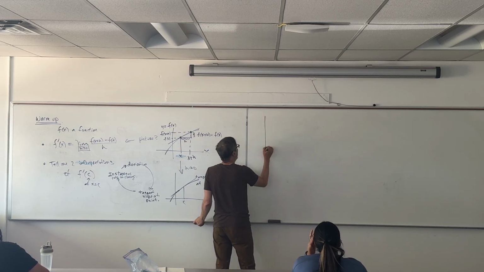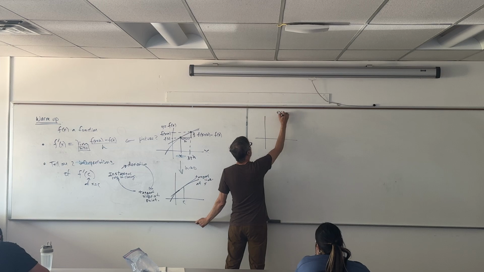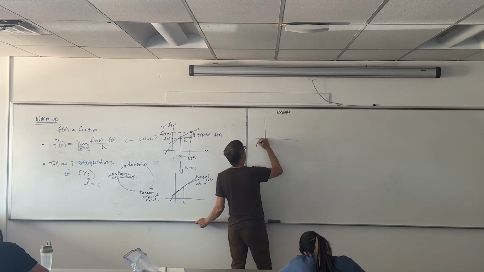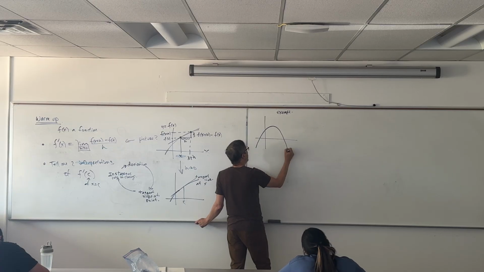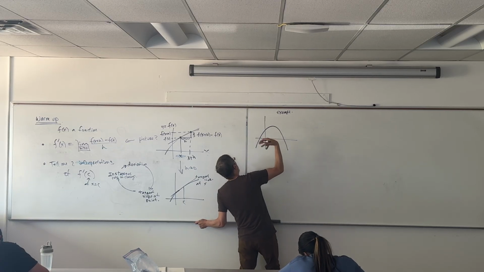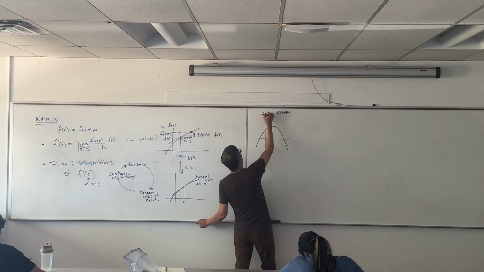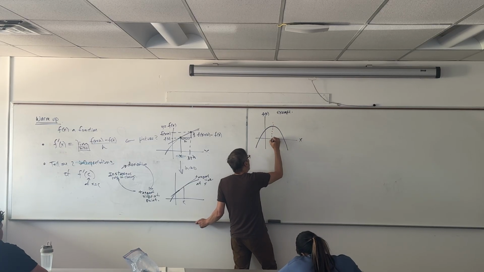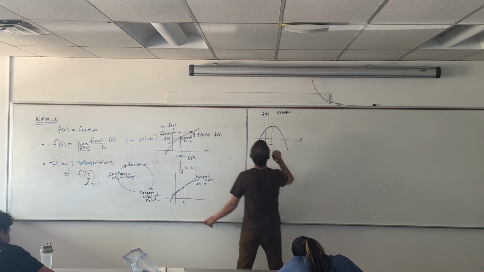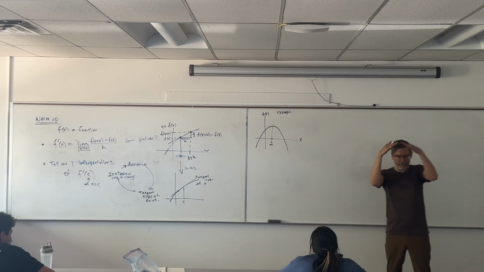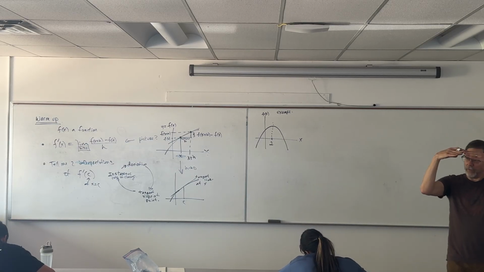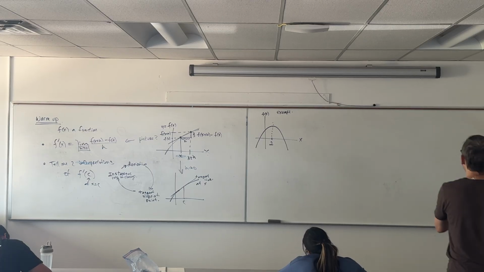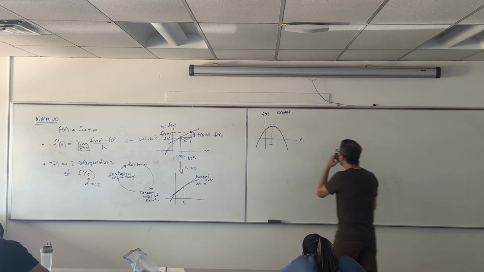I've got a graph that looks like this, so it's a parabola kind of thing. It's not necessarily a parabola, but it's kind of, and I'm going to put 2 right where the vertex of that thing is, right above x equals 2.